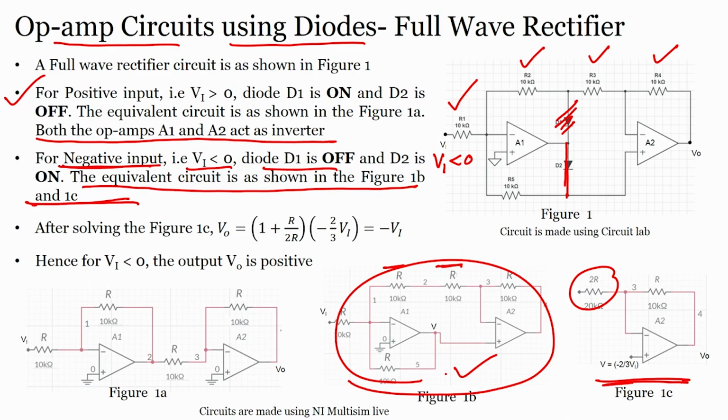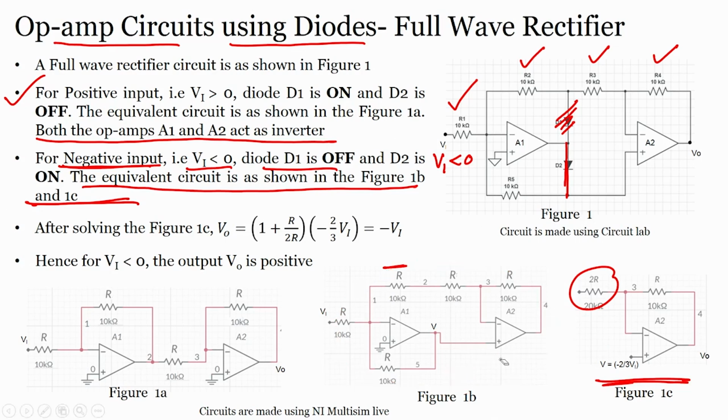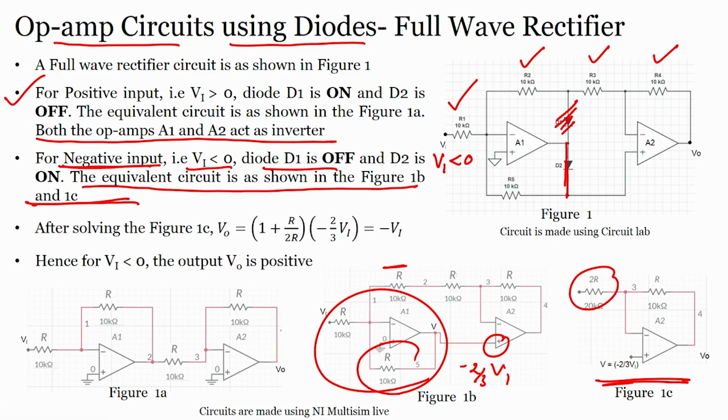This is the voltage that we have, -2/3 Vi. So, how does it come? If I consider this, then the voltage at the non-inverting terminal will represent -2/3 of Vi. This is the equivalent circuit of figure 1b.